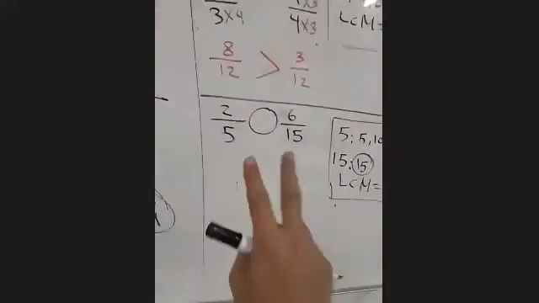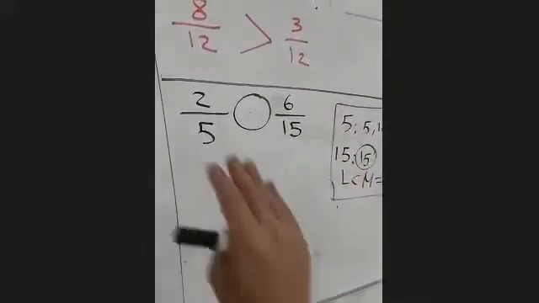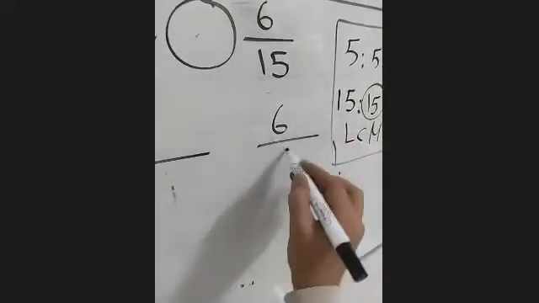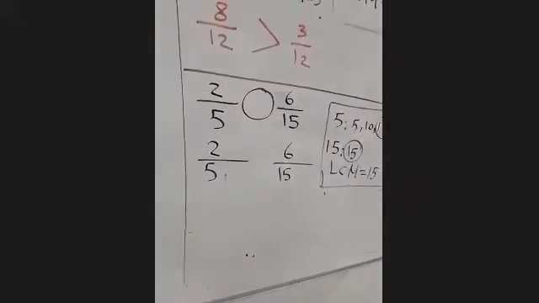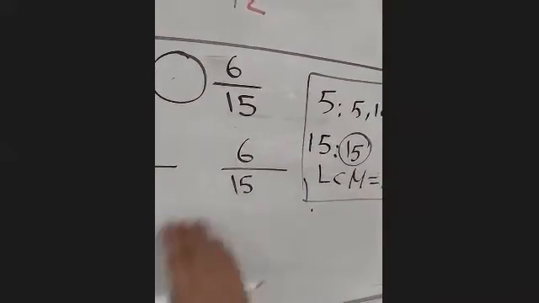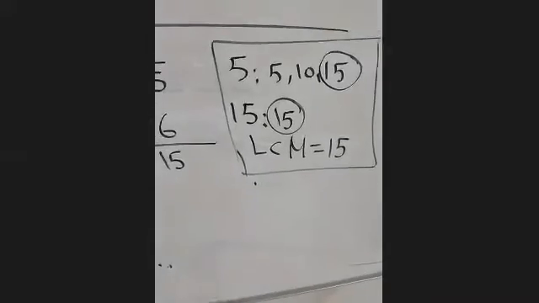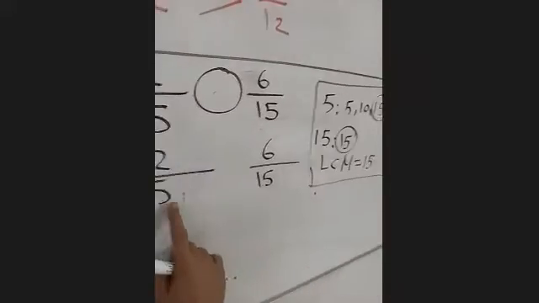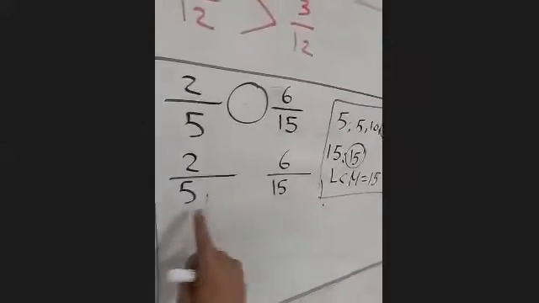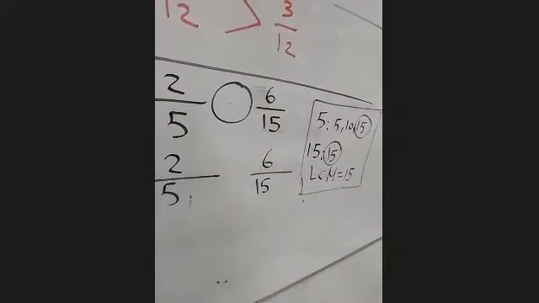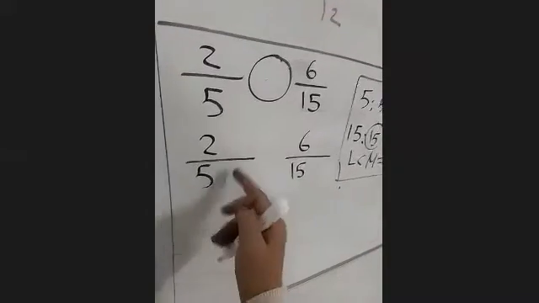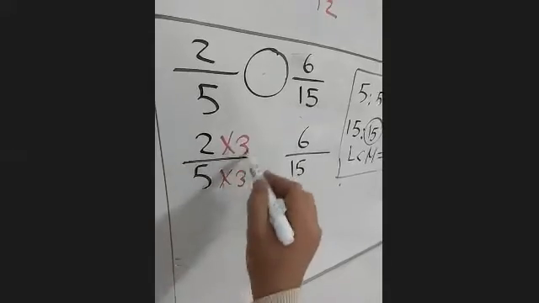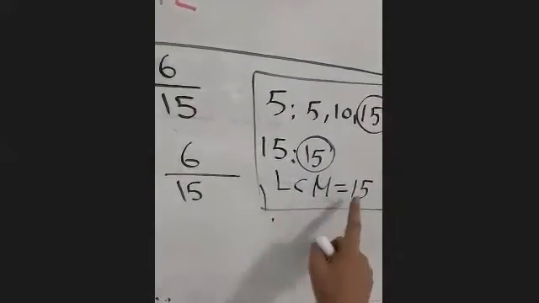Now I go to my two fractions and rewrite them, 2/5 and 6/15, and I turn the 5 and the 15 into the least common multiple, which is 15. I ask myself how the 5 becomes 15: by multiplying with 3. So I multiply up and down by 3. And how does the 15 become 15?